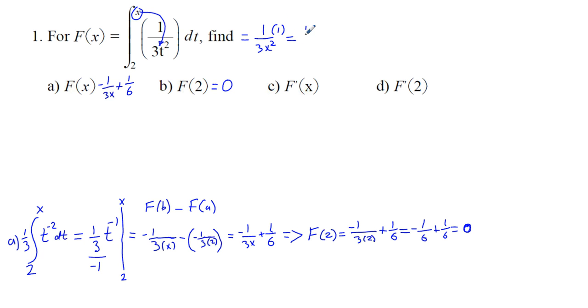So our answer is going to be 1 over 3x squared, using the second fundamental theorem of calculus. And F prime of 2 is going to be equal to 1 over 3 times 2 squared, which equals 1 over 12. So that is going to be our answer for that one.